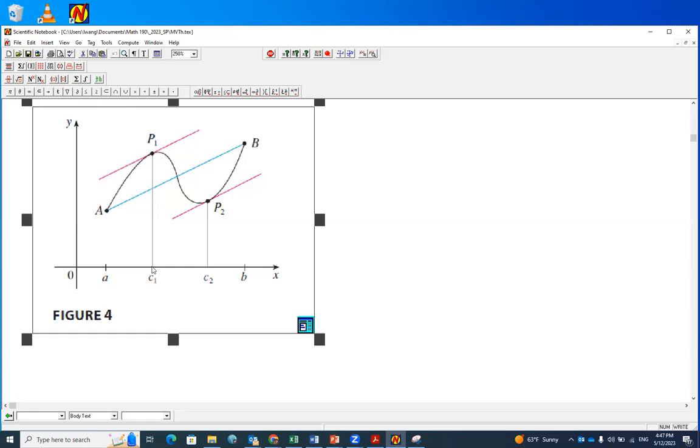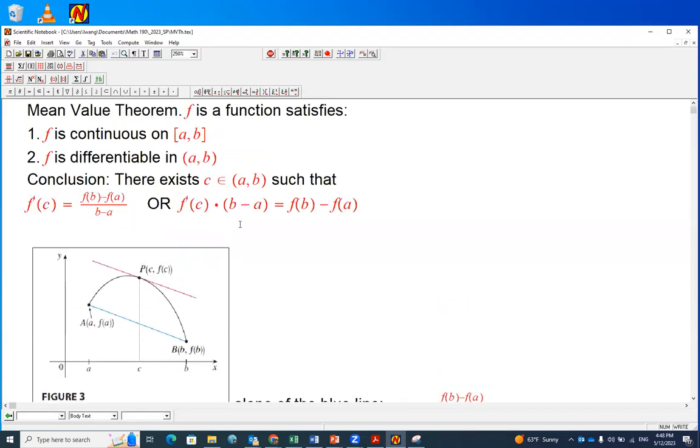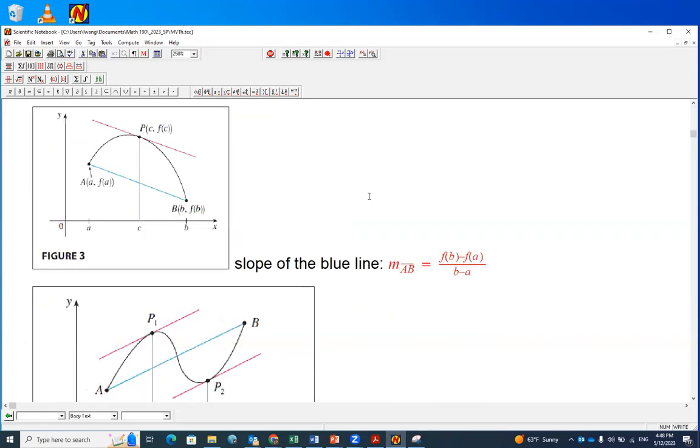The derivative of the function at c1, which is the slope of this pink line, and the derivative at c2, which is the slope of the other tangent line, are the same. So all three are parallel. This theorem guarantees there's one. If there's one, then there could be two, or even more. That's the meaning of the mean value theorem.